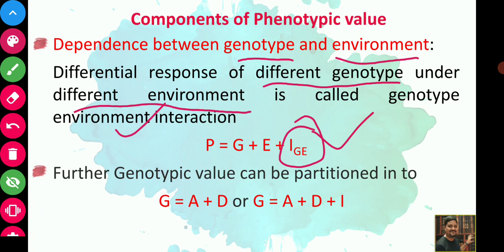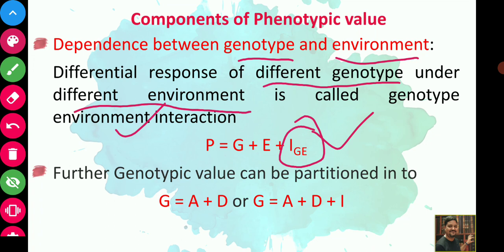Although that particular individual genotypically had less capacity, since it got an environment of his or her liking, that individual performs better. So that is called a genotype environment interaction. So there is another component for phenotypic value: phenotype is equal to genotype plus environmental deviation plus genotype environment interaction.